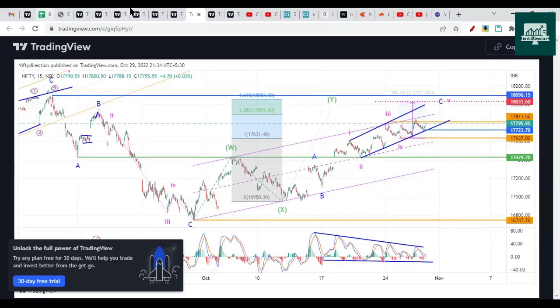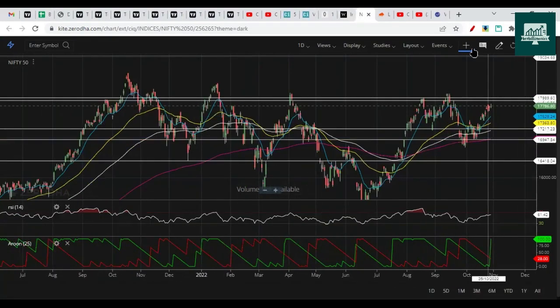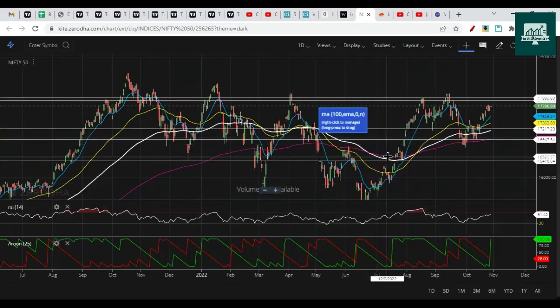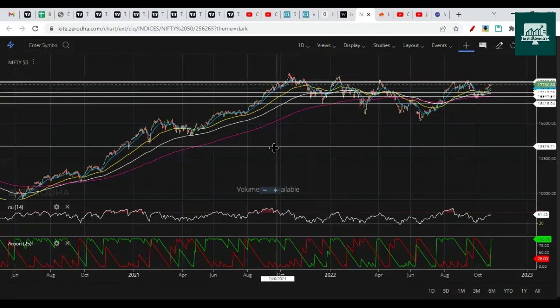Here that case is not looking like that. If you check all the previous moves, these are all 3-3 wave structures. From the bottom, it is coming as a 3-3 wave structure. As they are 3-3 wave structures, I don't have the confidence of breaking 18,600 as of now.